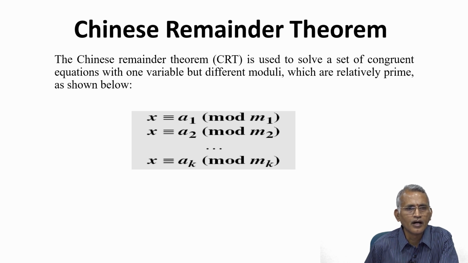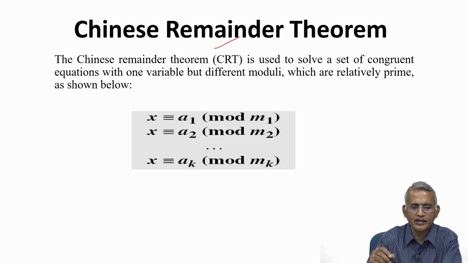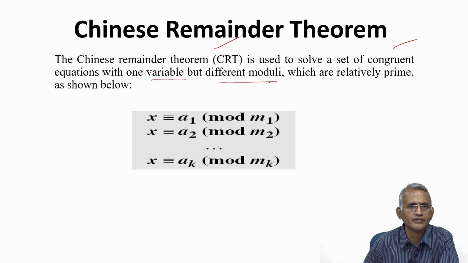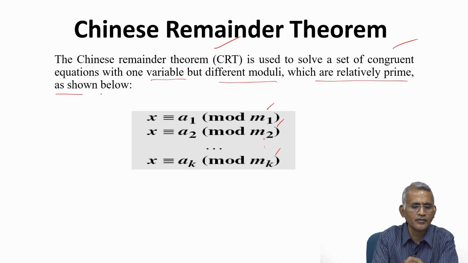Now, before going to see the problem, first of all we should know what the Chinese remainder theorem is. The Chinese remainder theorem is used to solve a set of congruences with one variable but different moduli. These are all different moduli, that is m1, m2, m3 and so on up to mk, which are relatively prime as shown below.